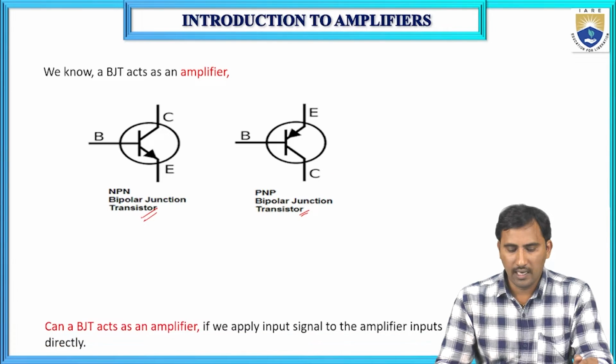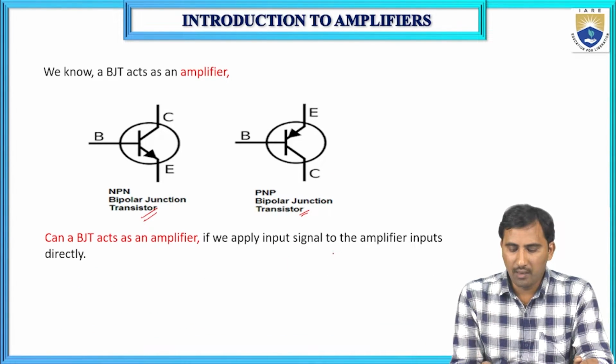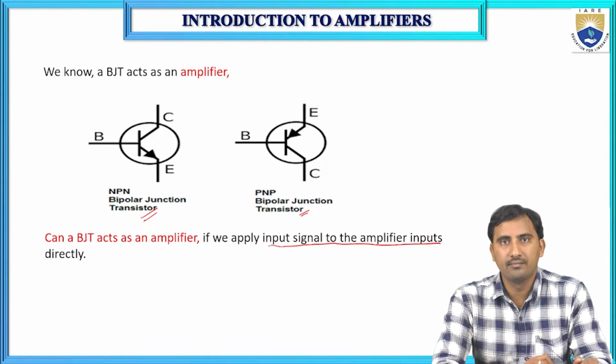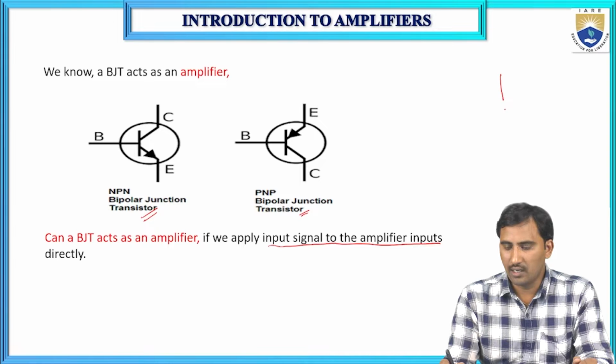So can a BJT act as an amplifier if we apply an input signal to the amplifier inputs directly? Can the BJT act as an amplifier if we provide the input directly to the input terminals of the BJT? Suppose you have a transistor like this.